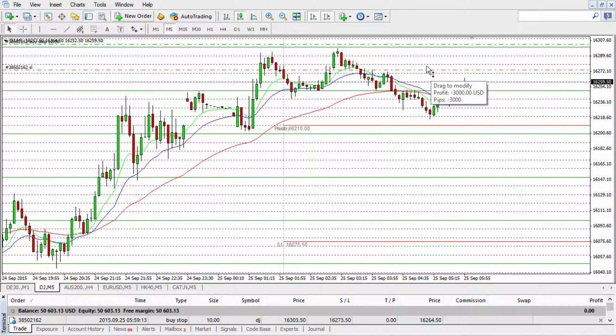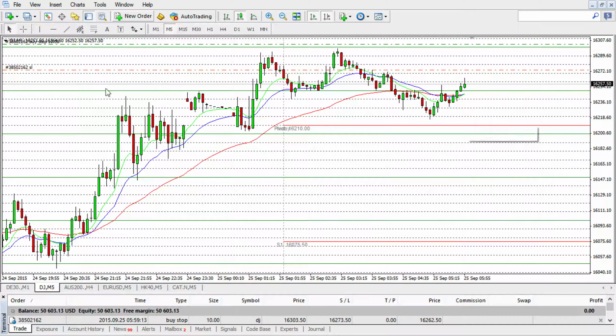It says 3,000, but again 2 digits in this case. It depends on the broker. Some brokers might have it different, so pay attention to that. With this particular one, it says 3,000.